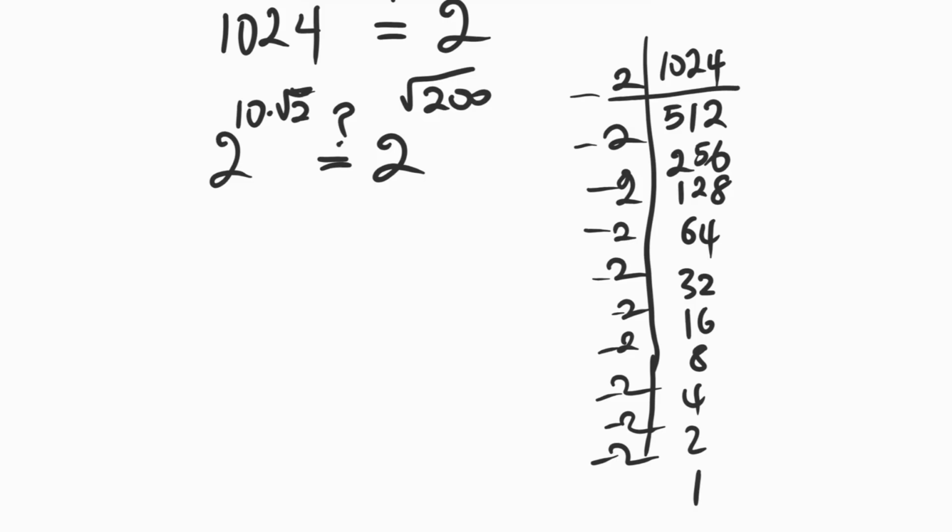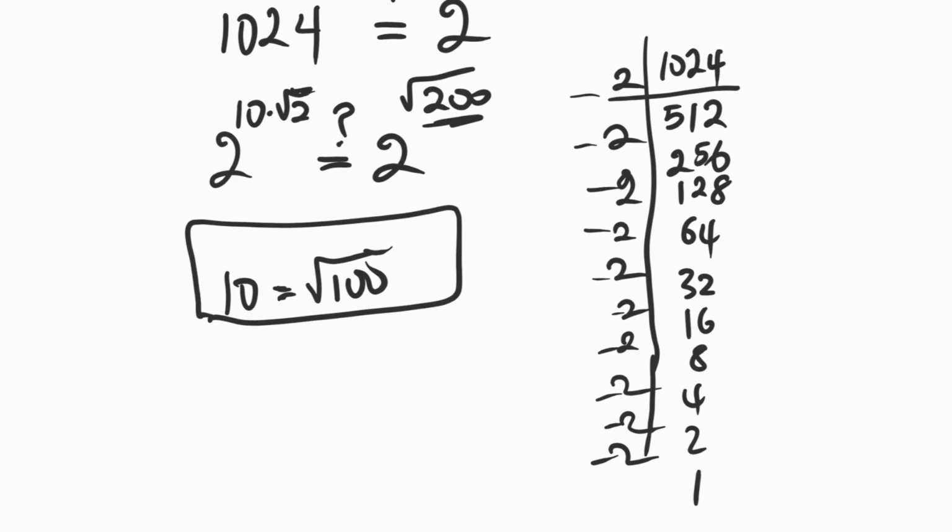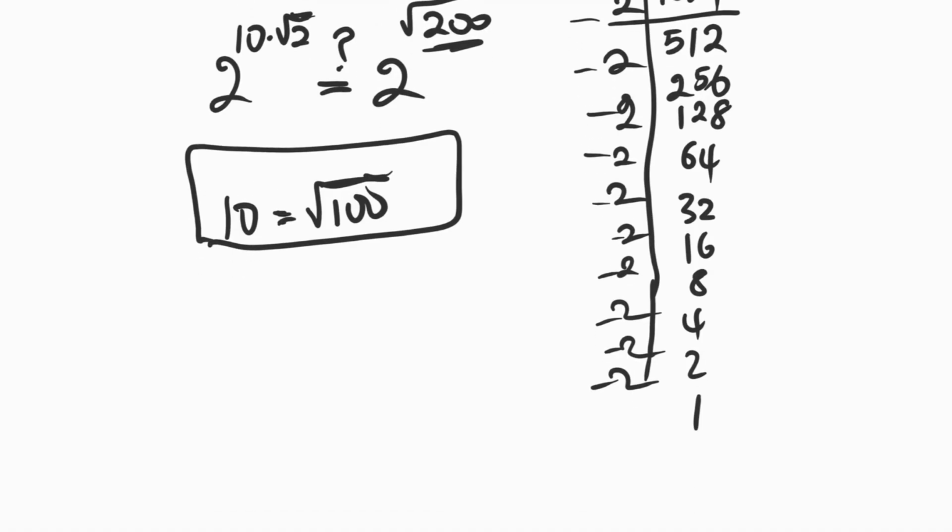Now, we can rewrite 10. 10 is the same thing as the square root of 100, because the square root of 100 will give us 10, and 10 times 10 is 100.